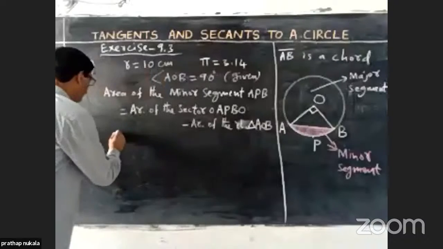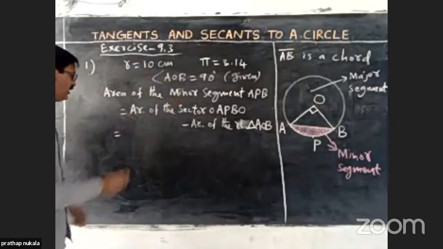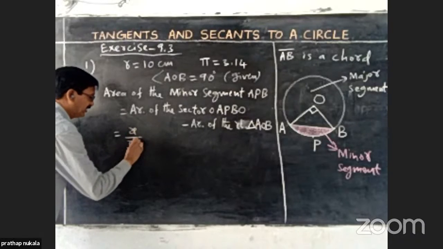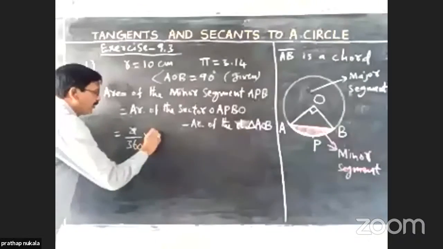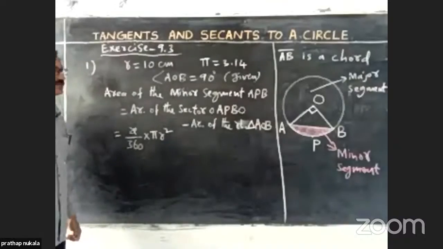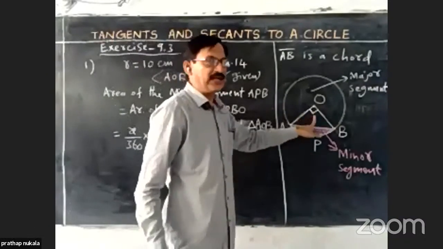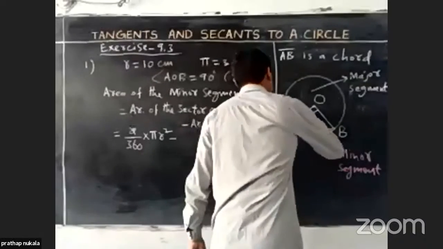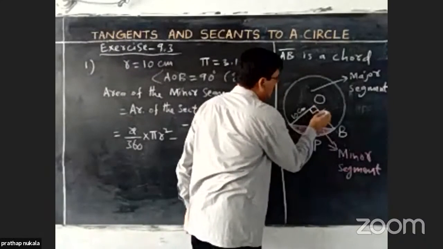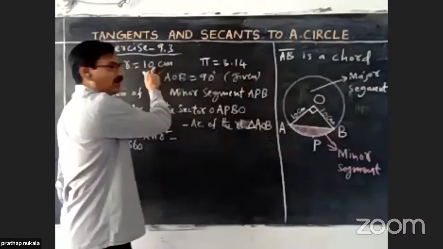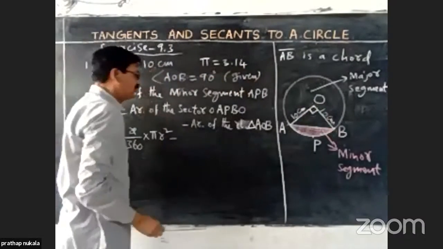That's all. Okay, what is the formula for the area of the sector? The formula is x by 360 degrees into pi r squared, minus area of the triangle. Here it is a right angle triangle. OA equal to 10 centimeters, OB is also 10 centimeters. This is the radius already given in the problem, r equal to 10 centimeters.